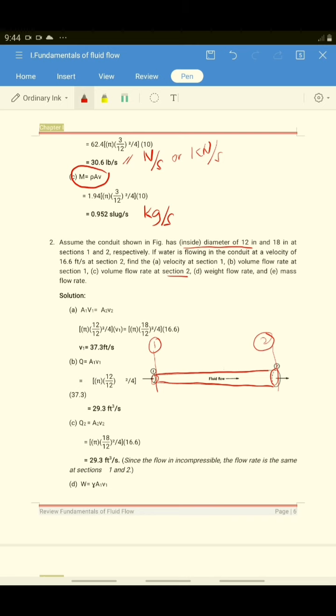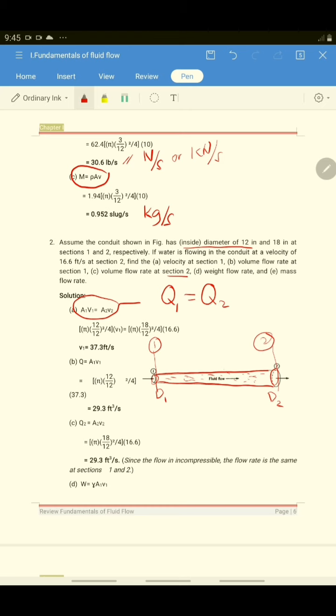So at first, you are going to look at what are the given values. So you have here the diameter at section 1 and diameter at section 2. So in that case, you can apply the first principle we had discussed earlier, which is the continuity equation, which says that the mass flow rate in the path of flow of fluid in the pipe are equal.